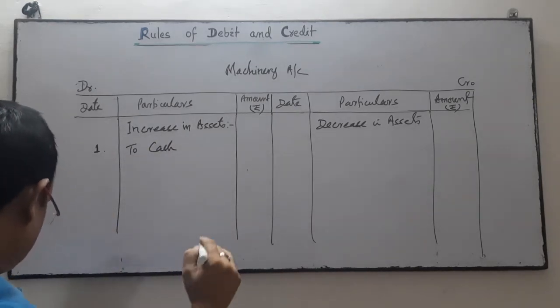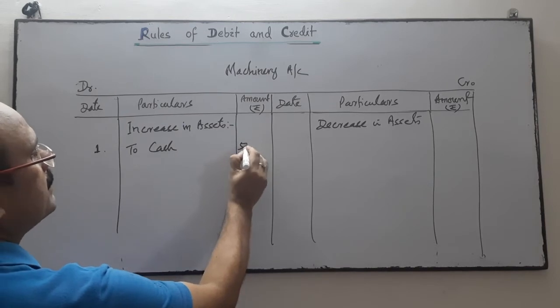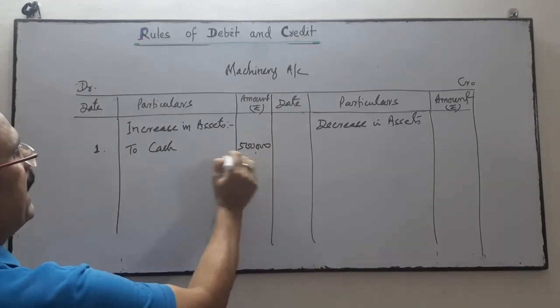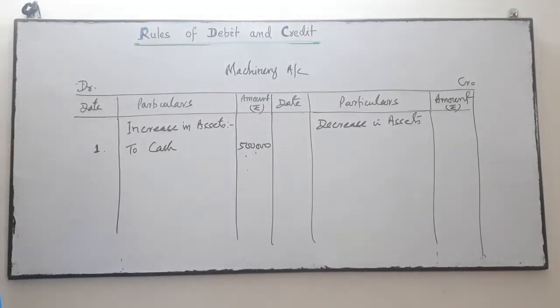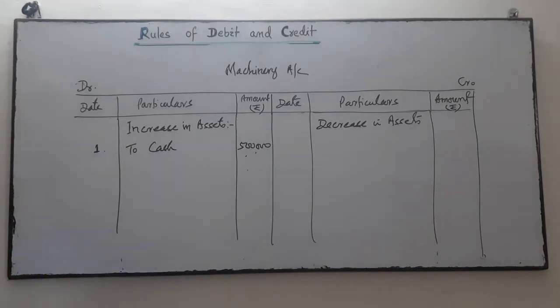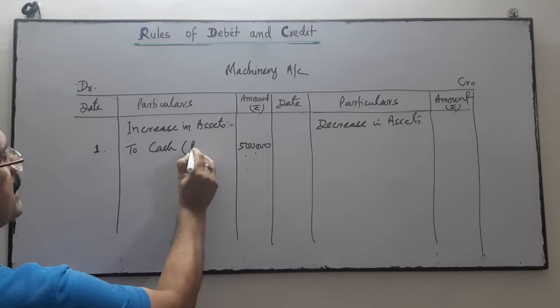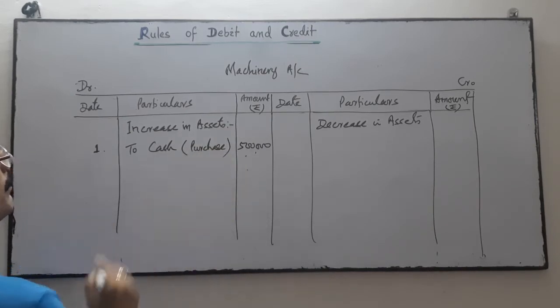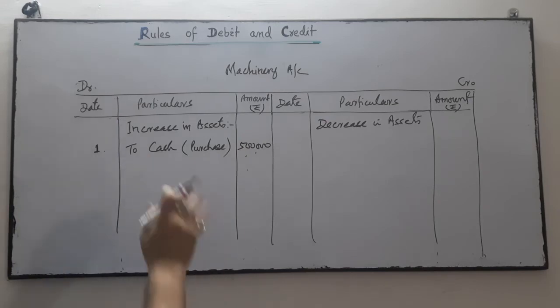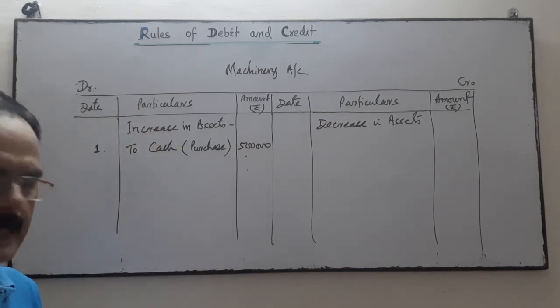Machinery is purchased for rupees 5 lakhs. So increase in assets: when we purchase the machinery, the machinery is increasing. That's why we have written it in the debit side.